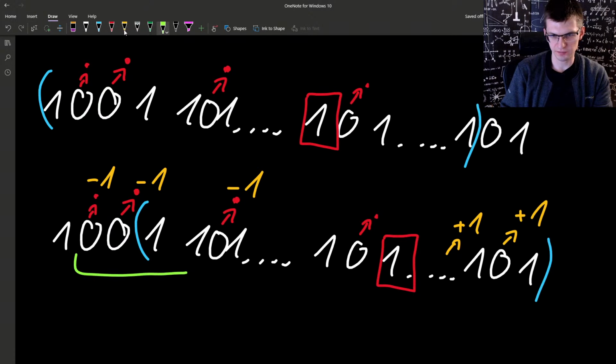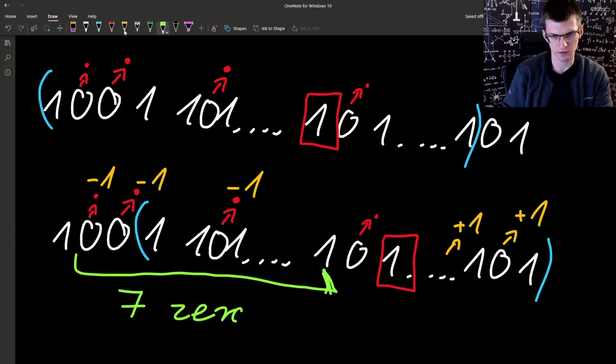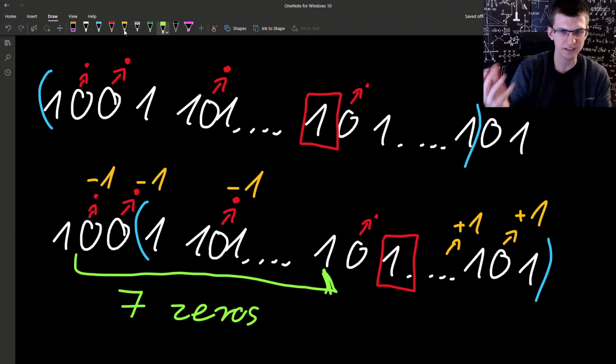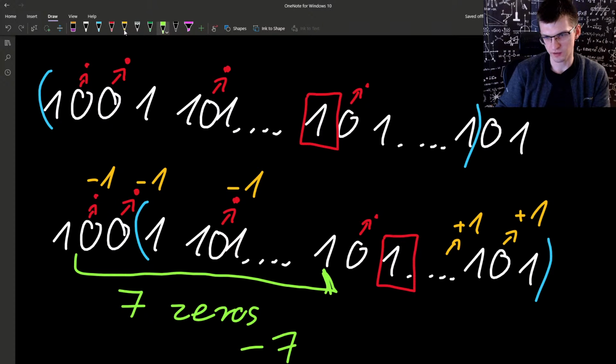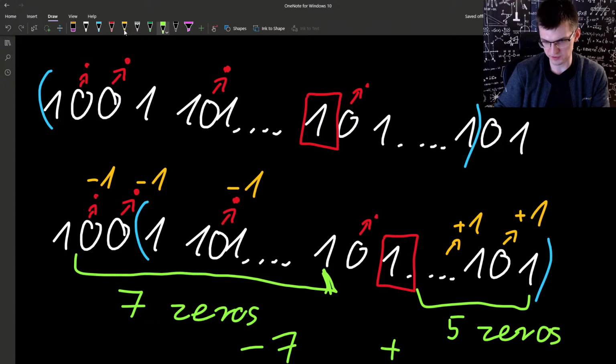Using prefix sums, we can know efficiently the number of zeros in the left part. Let's say there are 7 zeros. Each of them gets -1 to the answer, so the best score, or number of moves for this interval, gets decreased by 7. But here we see there are 5 zeros. Then it's +5.